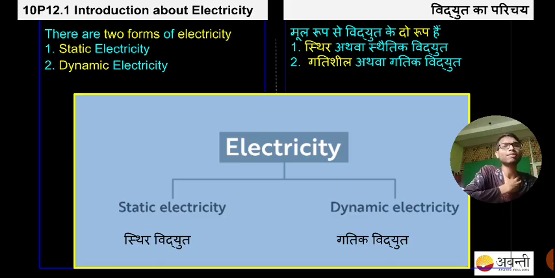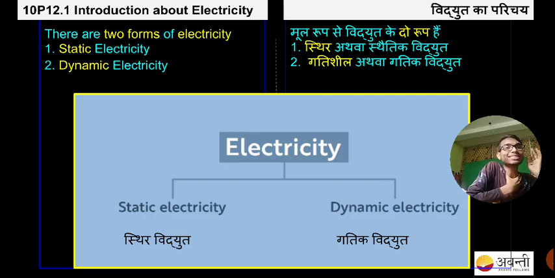It is not traveling. That's why the bulb will not glow. Devices will not work. Now, in this case, devices will work. Electricity will flow. It will travel. Charges will travel because we are talking about dynamic electricity.